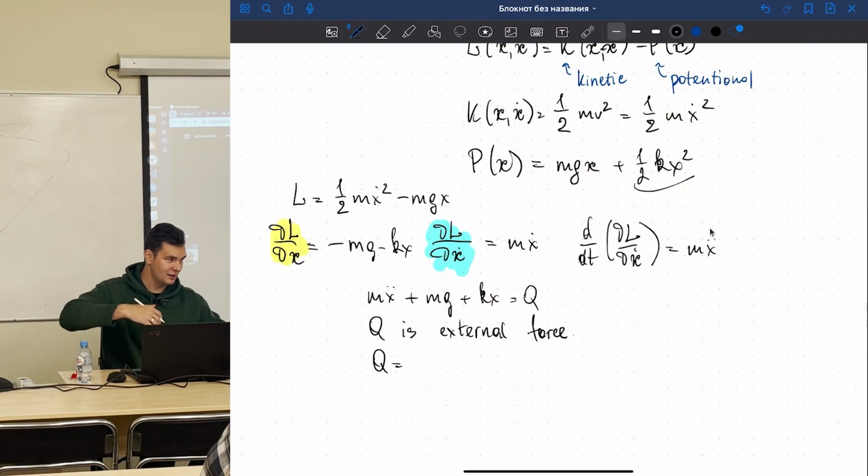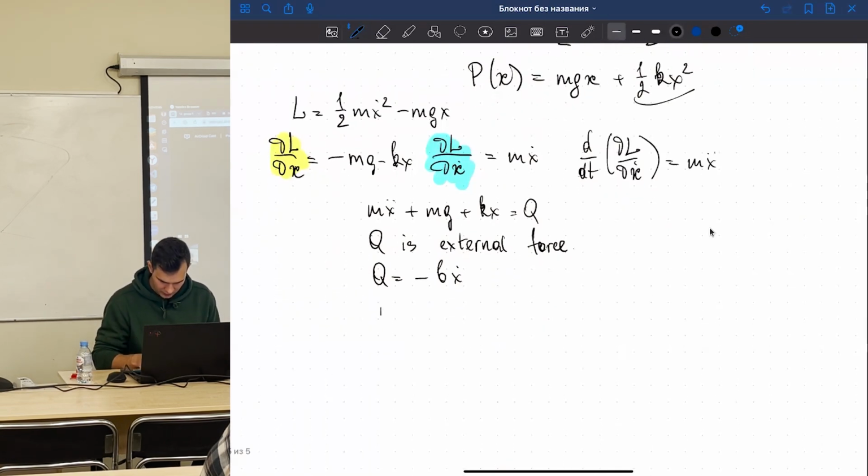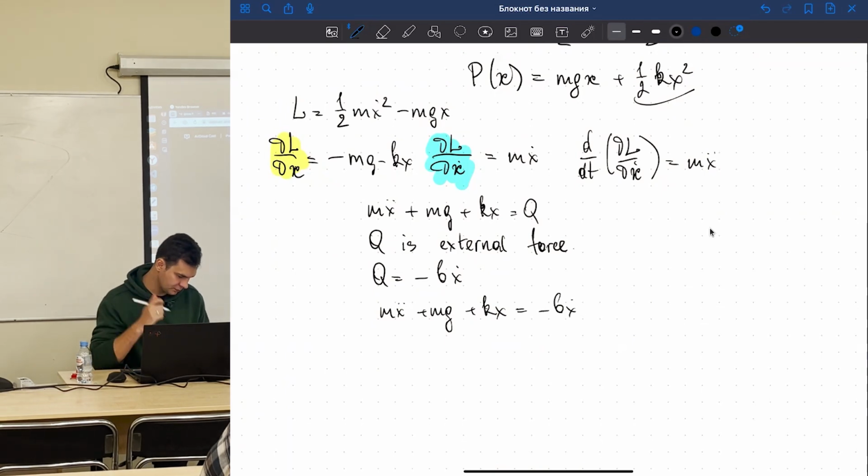It doesn't add. Minus B times x dot. And finally, our equation of motion will be m x double dot plus m g plus k x equals minus b x dot. Do you agree?